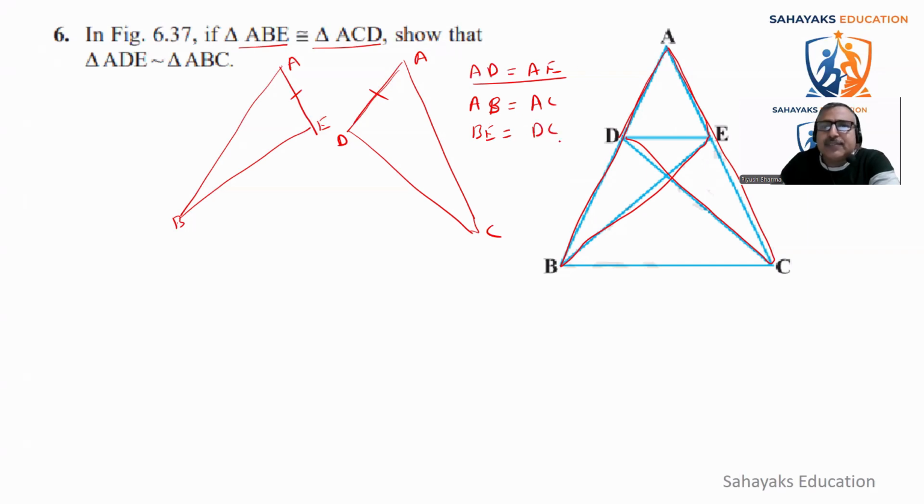So these three things we know. If AD is equal to AE, what does it mean? That means this angle is equal to this angle. So I'll mark these angles as 1, 1.